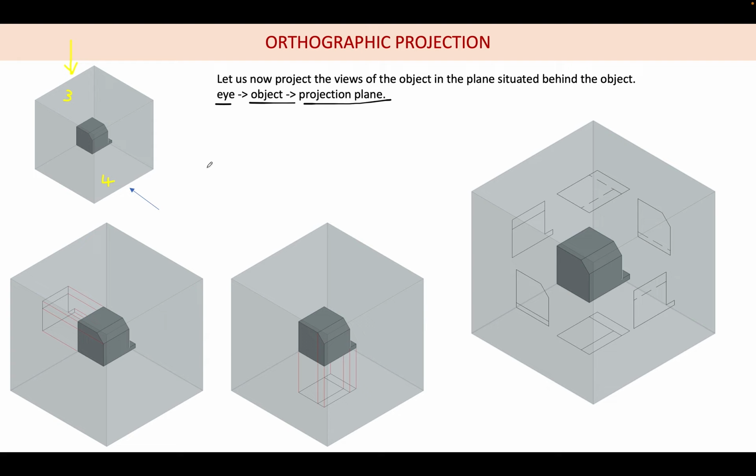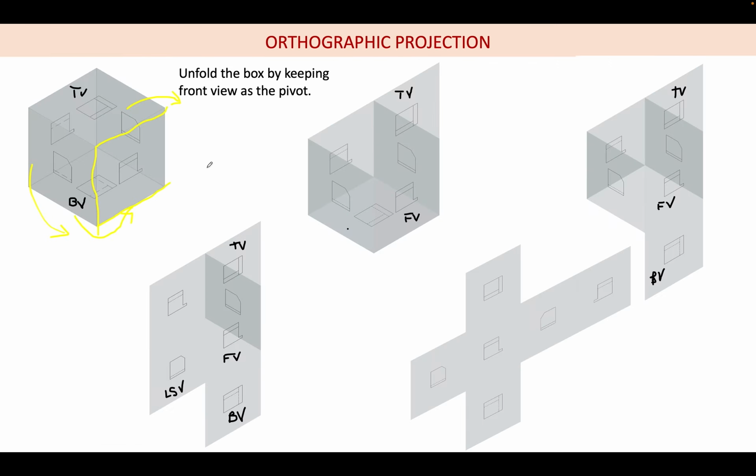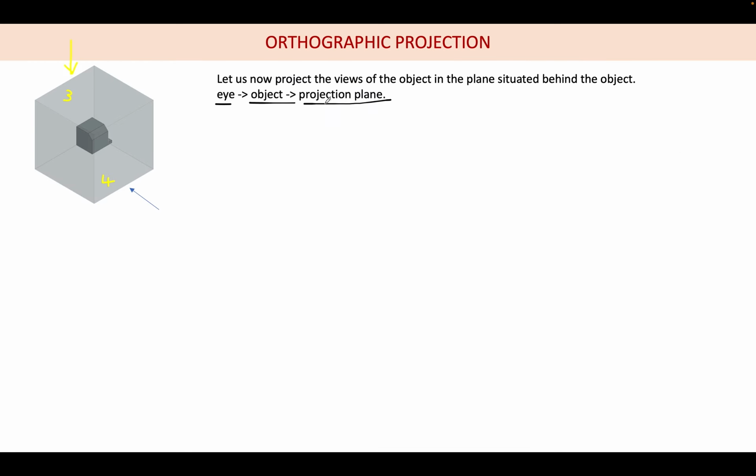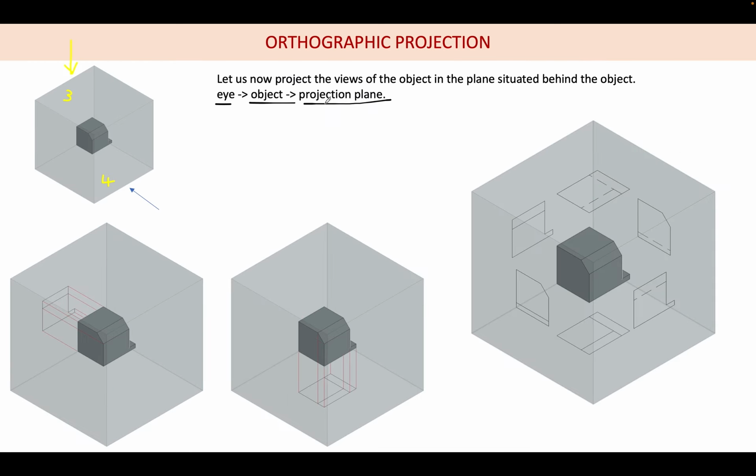So if you open these 6 views, again remember that what we saw here, the front view is the pivot. In this case your front view is on the back side. We just saw that our front view was projected in the back plane, and top view is projected in the bottom plane.